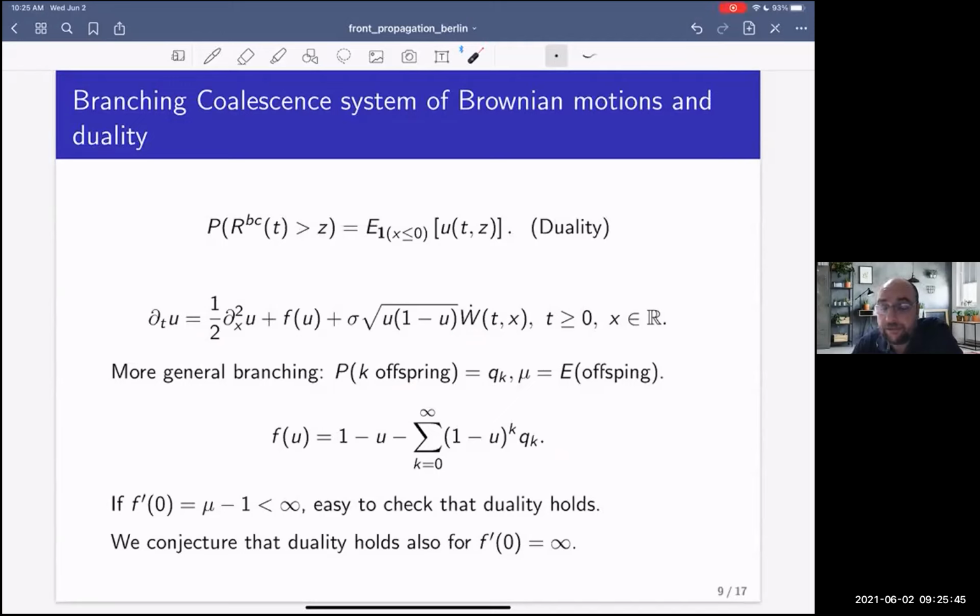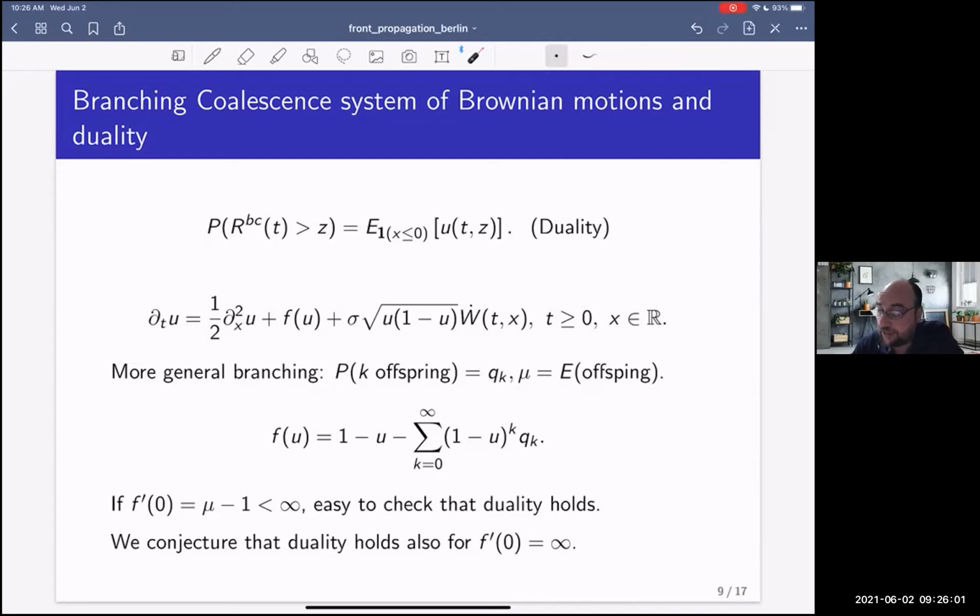And it's very interesting since in many situations, branching with infinite mean means the branching system explodes. Our conjecture is that in the case when you have a coalescent mechanism, it doesn't explode.